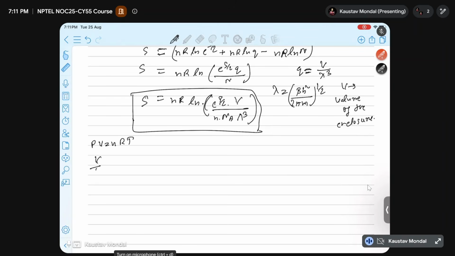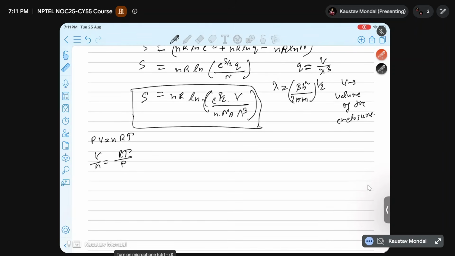So V by n you can write as RT by P. In that case, if you substitute this here, you can write this as nR ln of e to the power 5/2 times V/n, which is RT by P, divided by N_A times λ cubed.